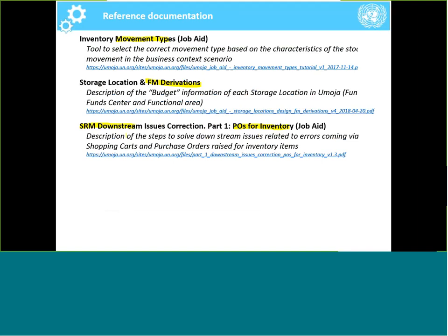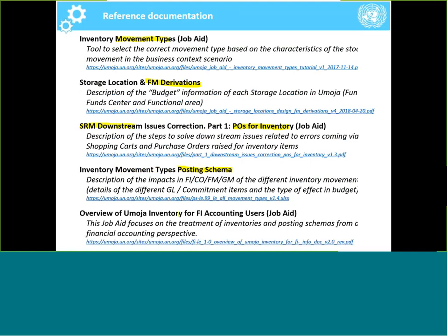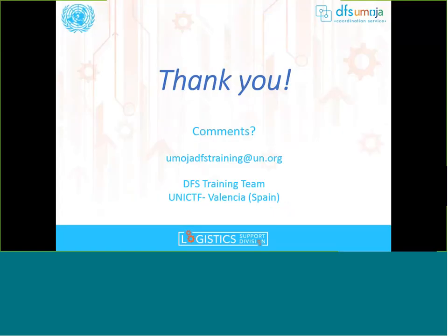Here you have a description and also the link, the posting schema, the Excel file, and lastly a job aid more for your finance colleagues on the explanation of the FI and FM impact of the inventory, how your inventory is treated in the finance module.